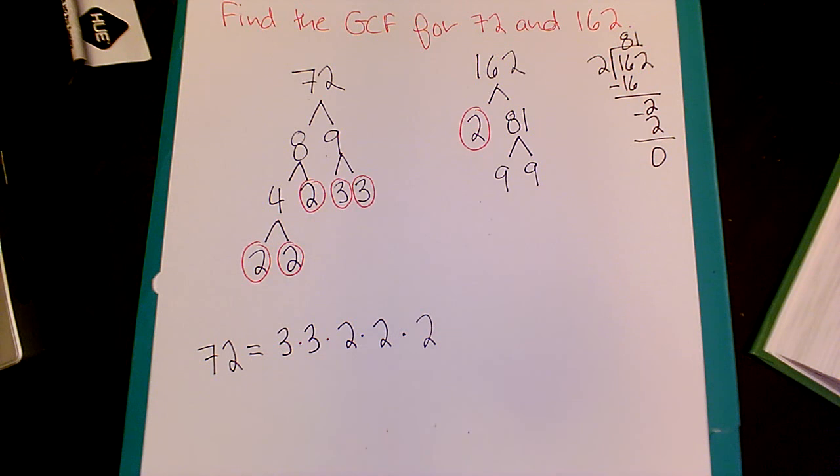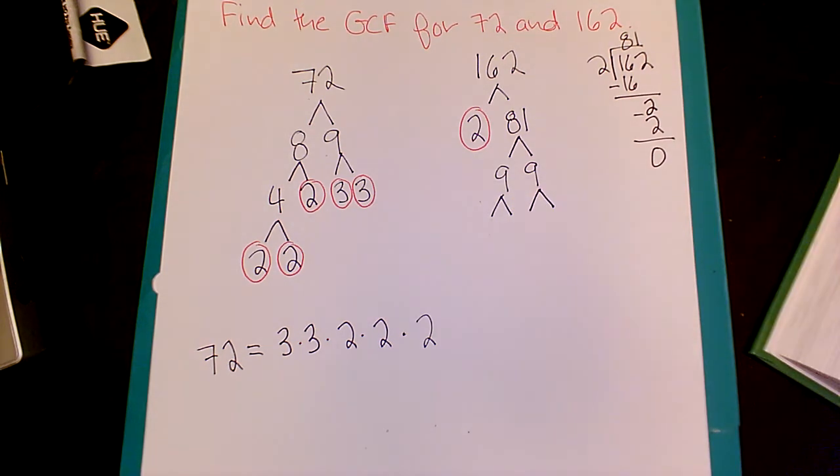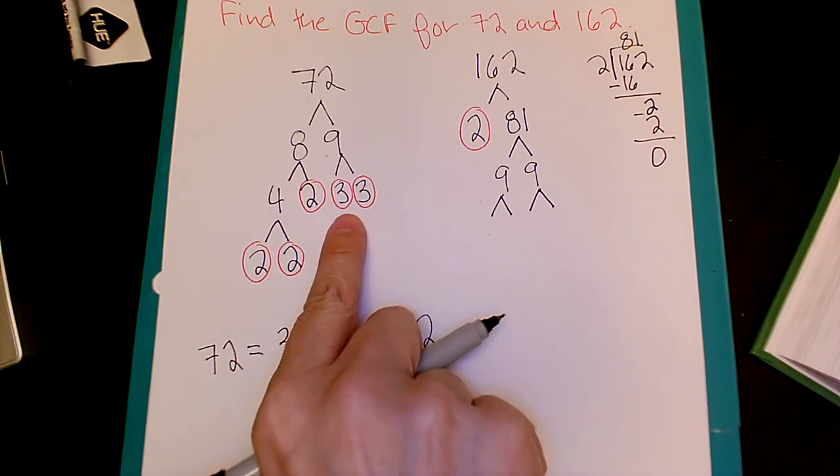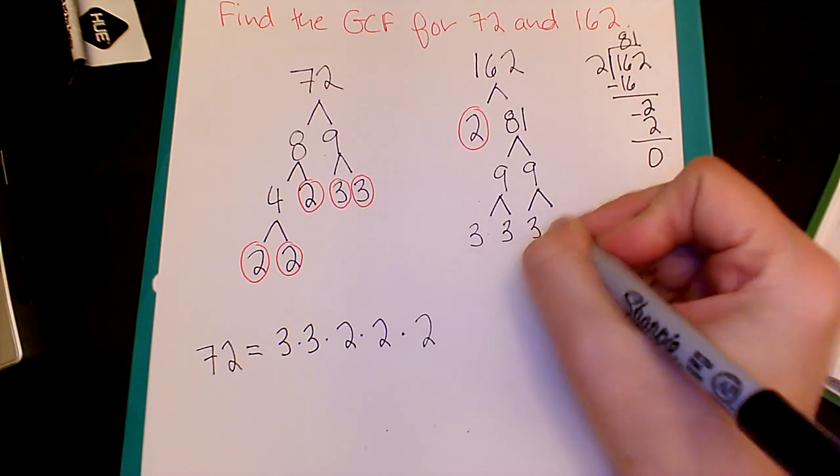Is 9 a prime number? Can it be broken down further? Well, it can. So what two numbers are going to give me 9 when I multiply them together? Well, over here we did 3 times 3, and we're going to do that again.